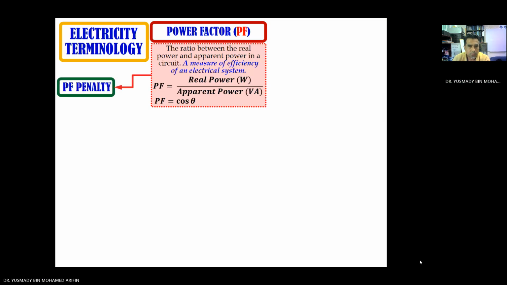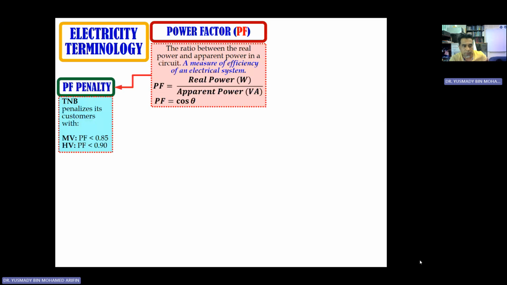Okay. So for power factor, we have a power factor penalty, where TNB will penalize its customers if the power factor is less than required by TNB. For example, for the medium voltage user, TNB will penalize if the value of PF is lower than 0.85.